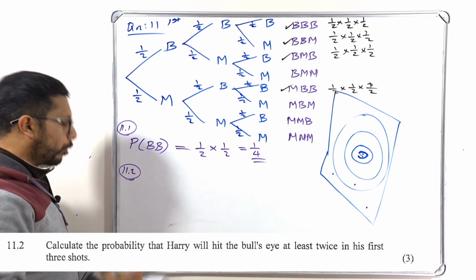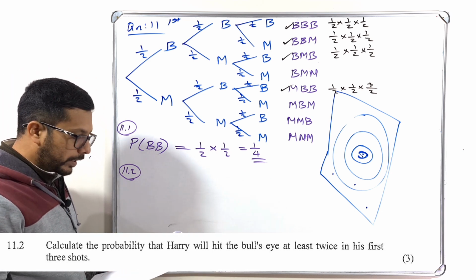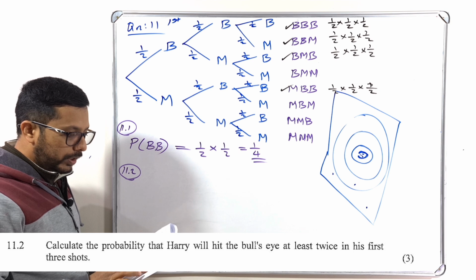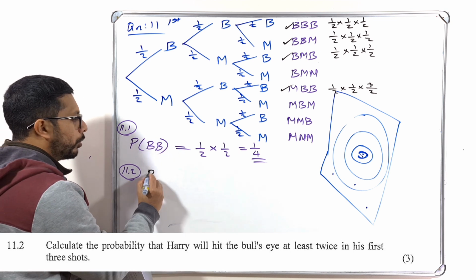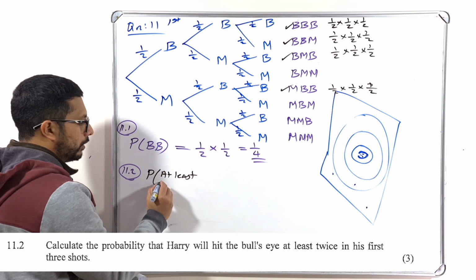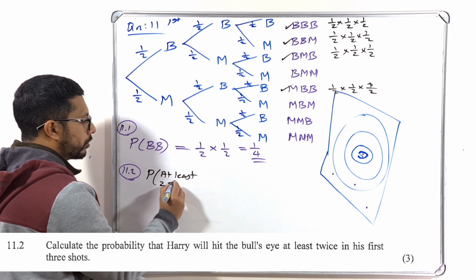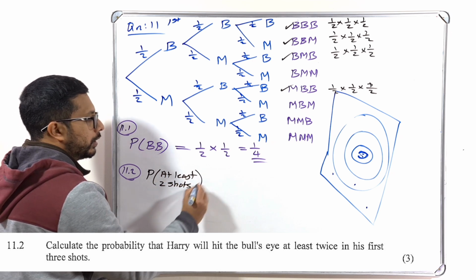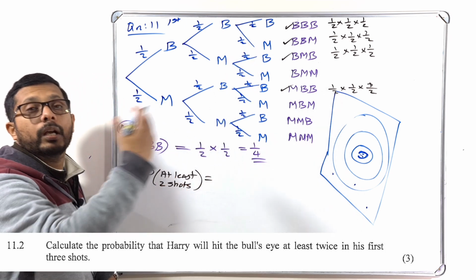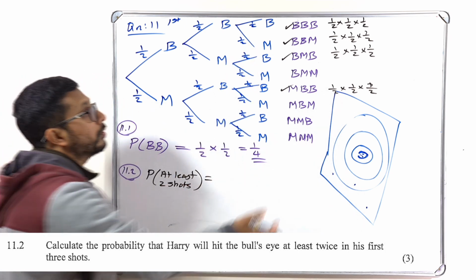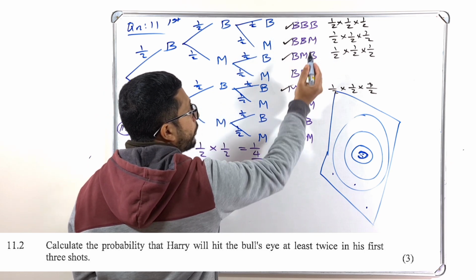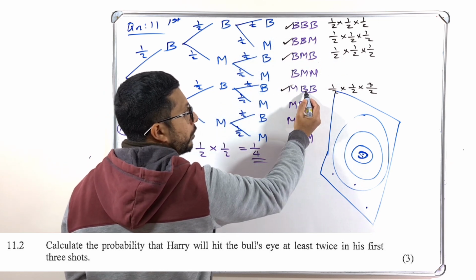So calculate the probability that Harry will hit the bullseye at least twice in his first 3 shots. The probability of at least 2 shots is equal to, so what do you want to do to find the total probability? The total probability is the probability of this one plus this one plus this one plus this one.